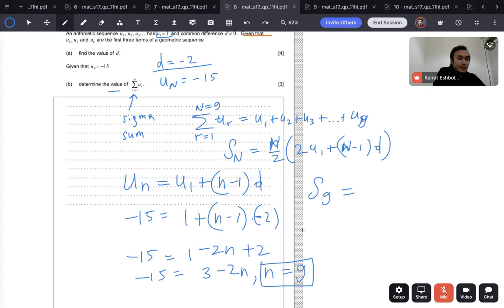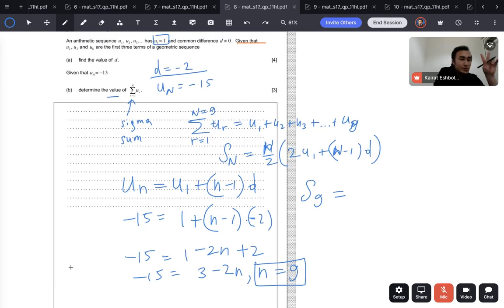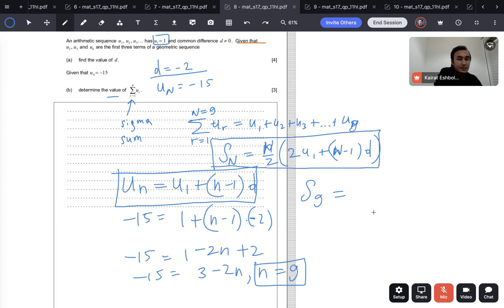Keep in mind, guys, in arithmetic sequence there are only two formulas. One is the nth term: un is equal to u1, the first term, plus n minus 1 times d. The other one is the summation, Sn. So S9 is equal to 9 over 2, times 2u1, and u1 is 1, plus 9 minus 1, which is 8, times d, and d is negative 2.